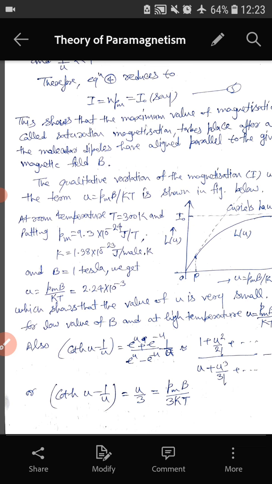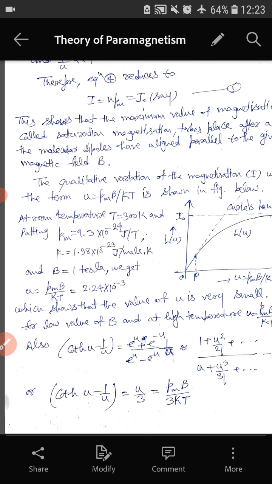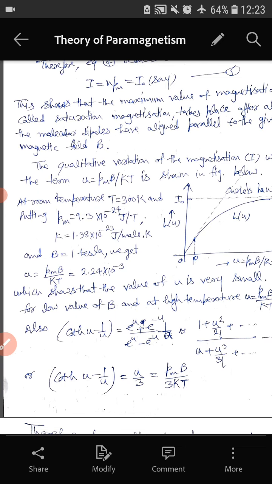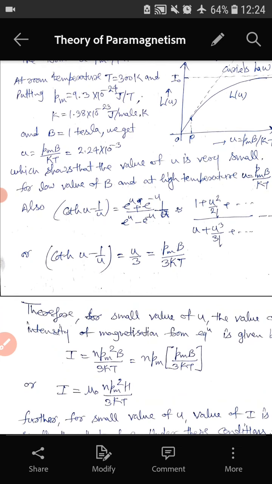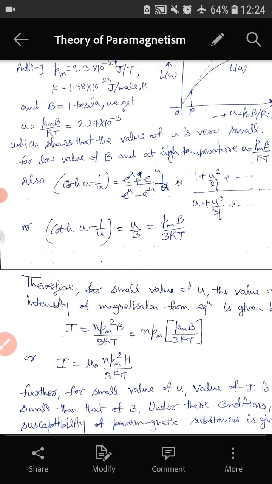But in general we have high temperature and low magnetic field. Therefore, for small value of u, the intensity of magnetization I will be n pm into u by 3, which is pmB by 3kT. So this value will become n pm into pmB by 3kT.